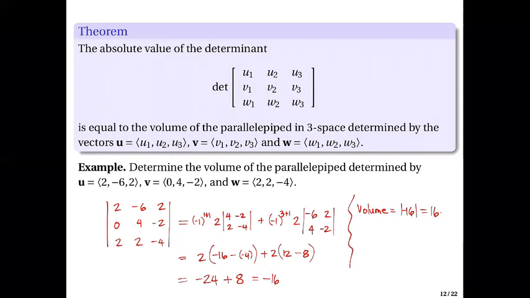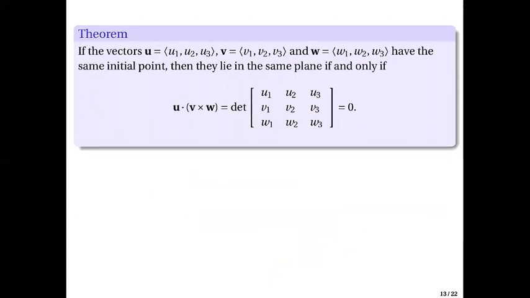Okay, so let's now look at this. Suppose vectors u, v, and w have the same initial point, then they lie in the same plane if and only if the scalar triple product is equal to 0. So, you have three vectors, u, v, and w.